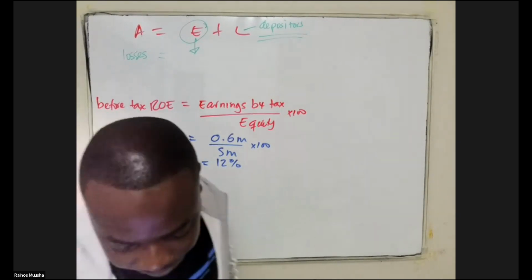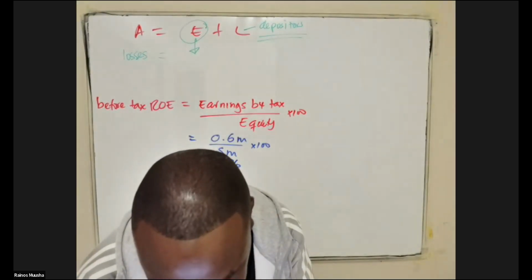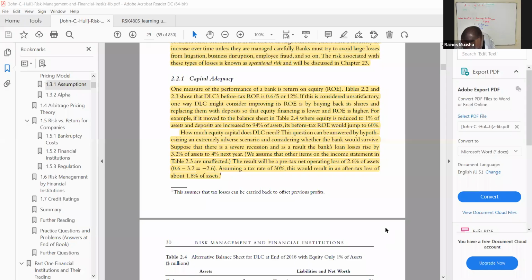Now, moving on. Here they say, if the 12% return is considered unsatisfactory, one way DLC might consider improving its return on equity is by buying back its shares and replacing them with deposits, so that the equity financing is lower and the return on equity is higher.